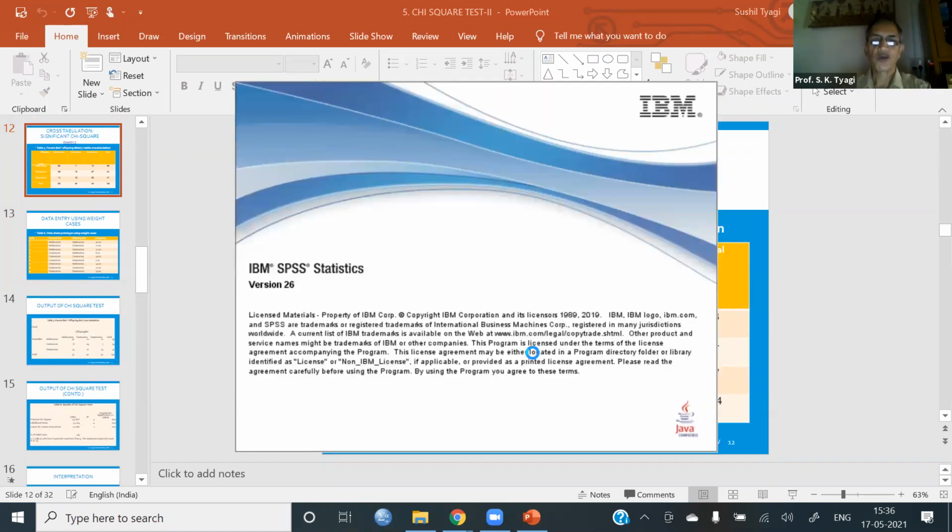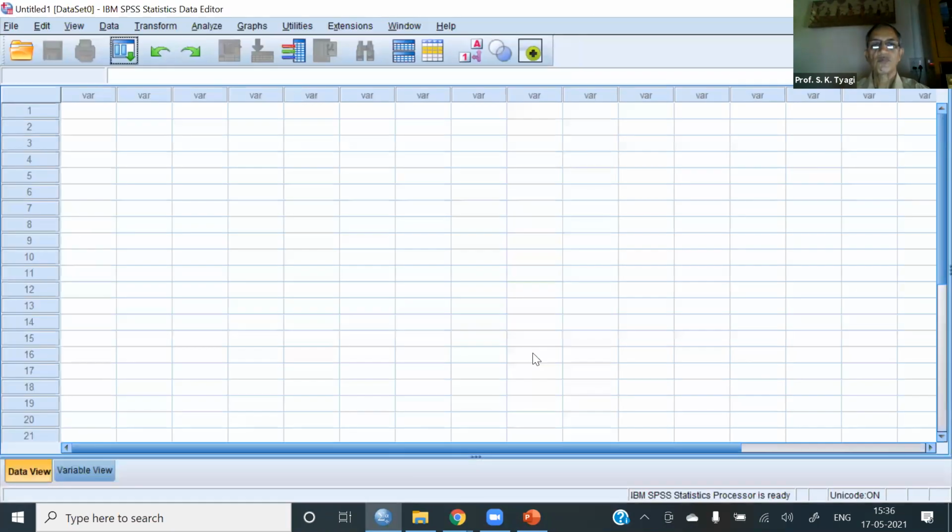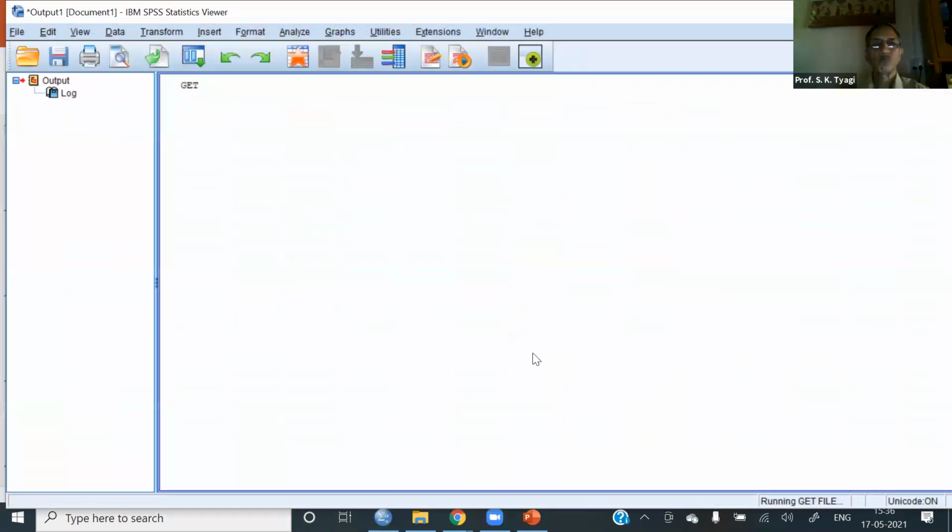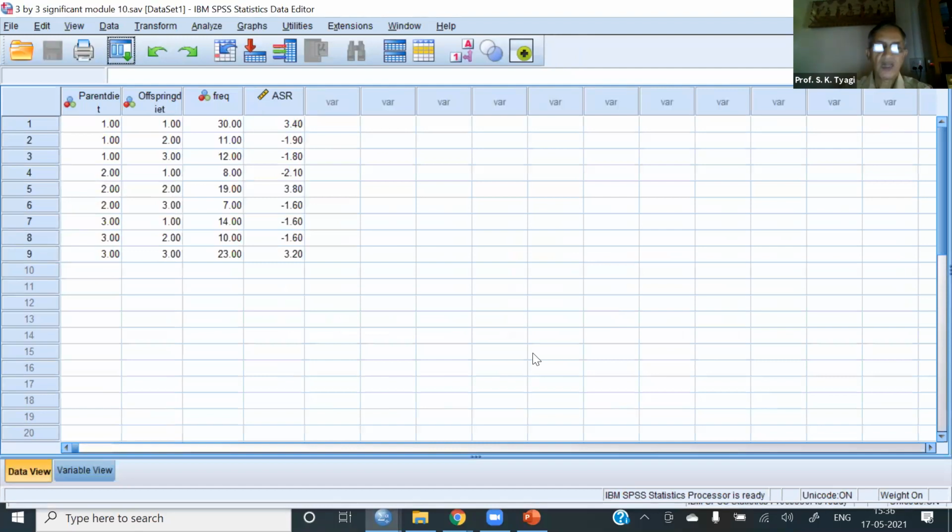We are going to this data once again, and now conducting residual analysis. Now we have checked that the chi-square test is giving a significant value. That means the overall test says that the null hypothesis that there is no relationship, that both are independent of each other, is rejected.